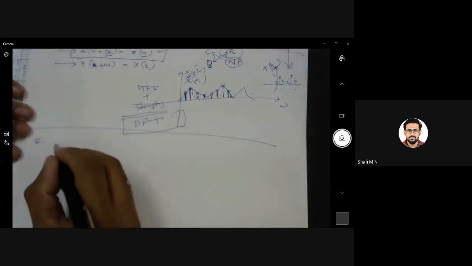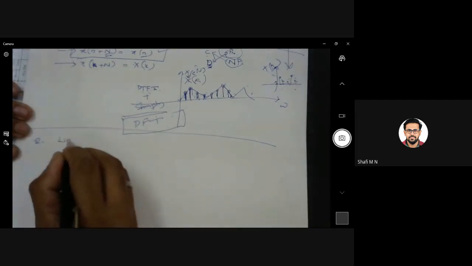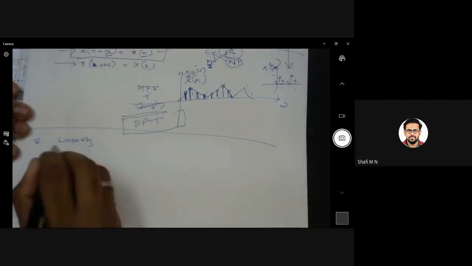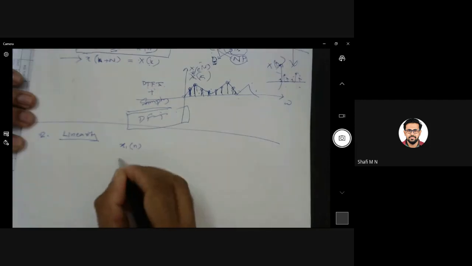Next, X of k. Second property is called linearity. So you consider two sequences, say x1 of n and x2 of n.